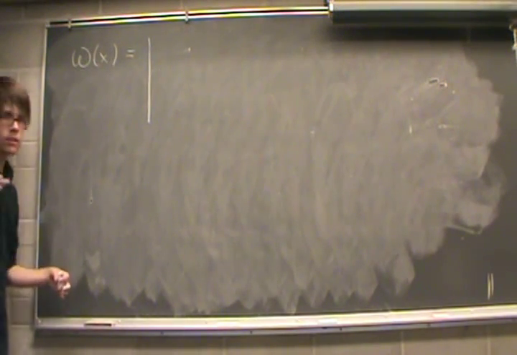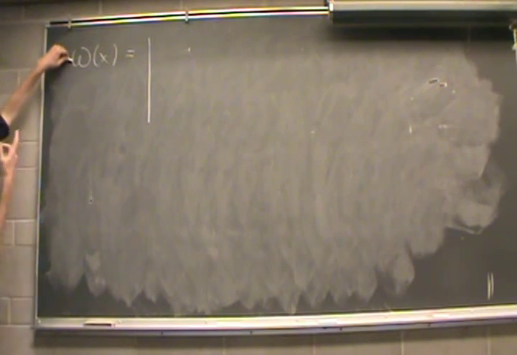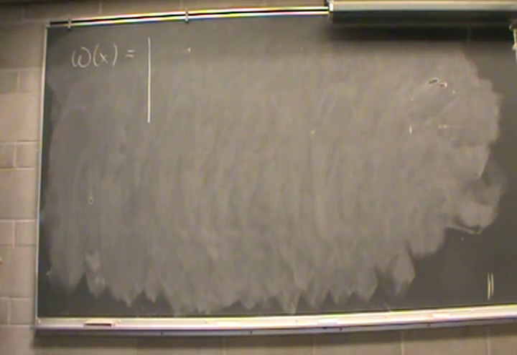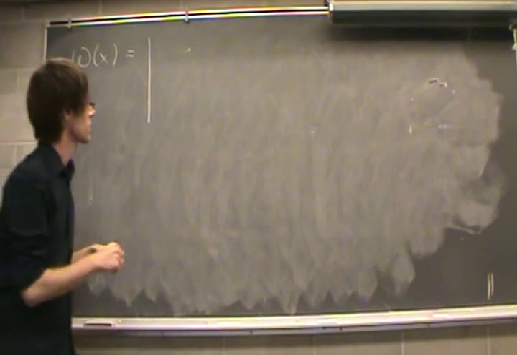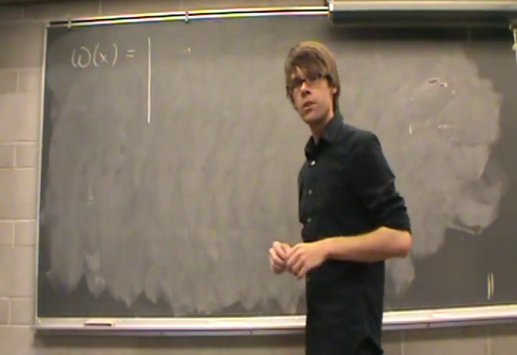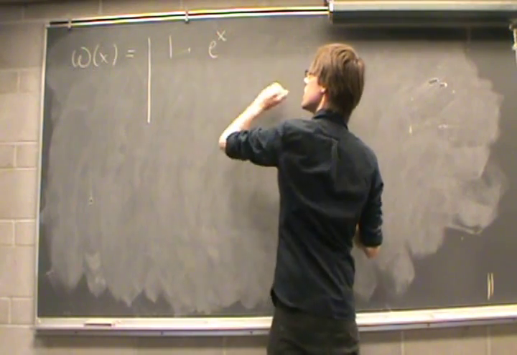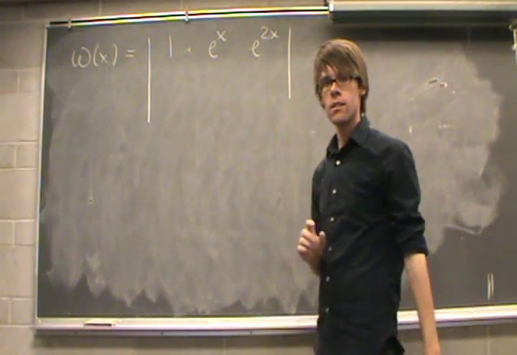So let's form that Wronskian together. Usually to denote the Wronskian, you'll see textbooks or myself use a capital W of x. That's just letting us know that we're going to be calculating the determinant of a 3 by 3 matrix. I'm going to put those functions in row number 1: 1, e to the x, and e to the 2x.